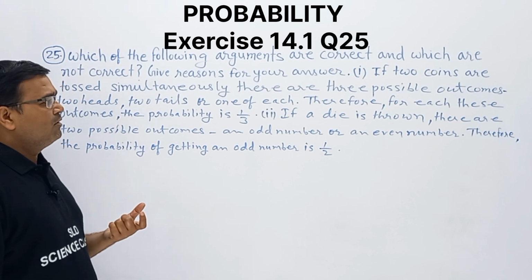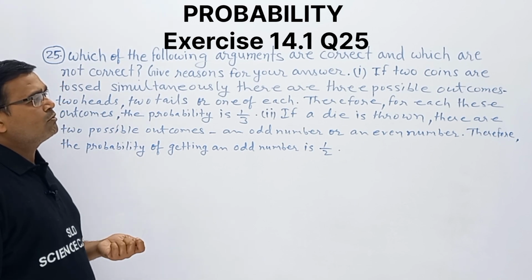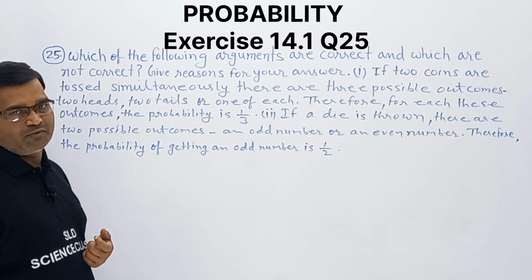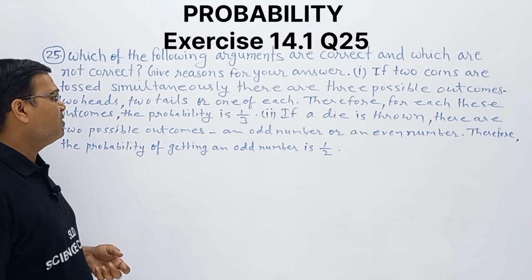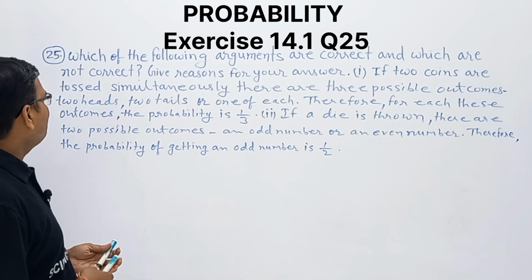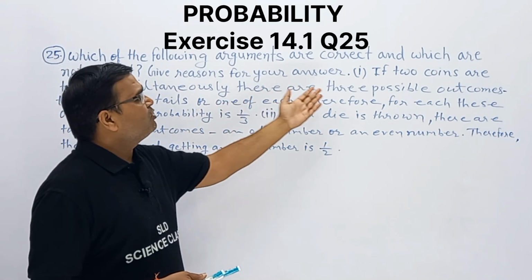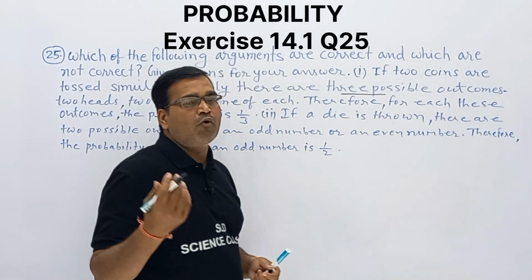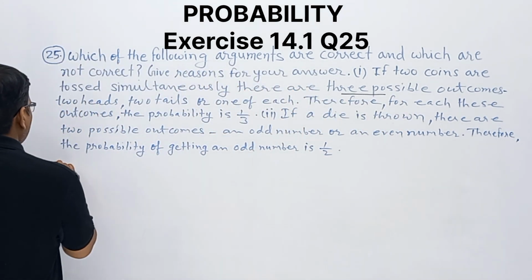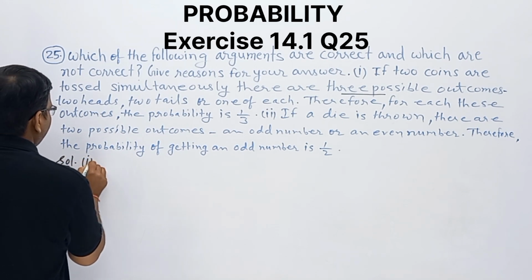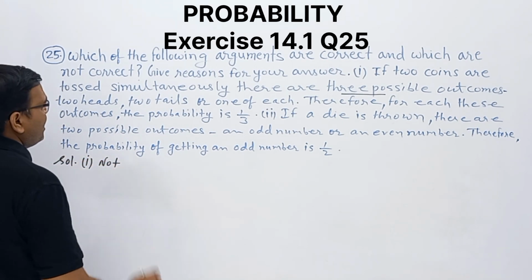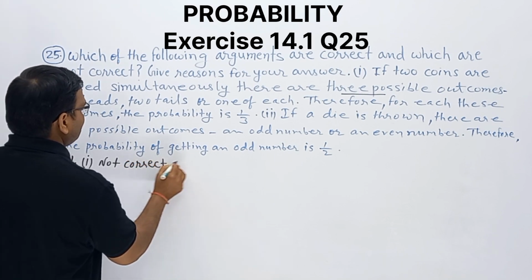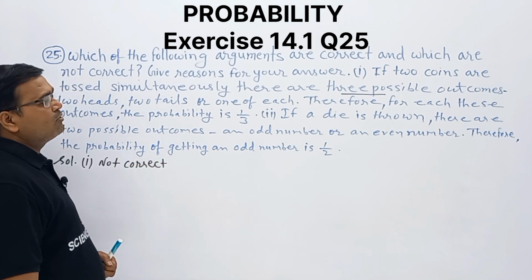We know well, once we toss two coins, we get four outcomes, and in the question it says there are three possible outcomes. This is wrong. We are getting four outcomes. So what about the solution of the first one? This argument is not correct. What about the reason?